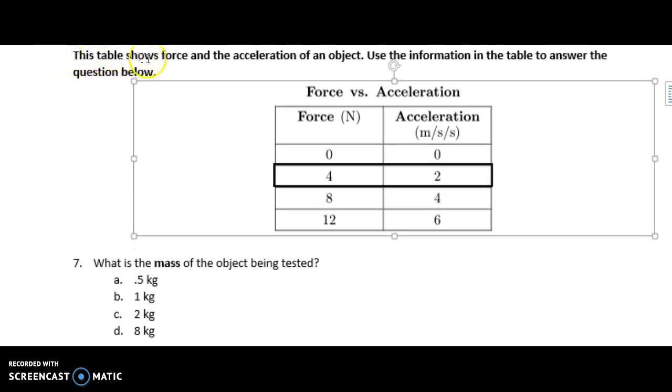This table shows the force and the acceleration of an object. Use the information in the table to answer the questions below. Number 7. What is the mass of the object being tested? The table says force versus acceleration.